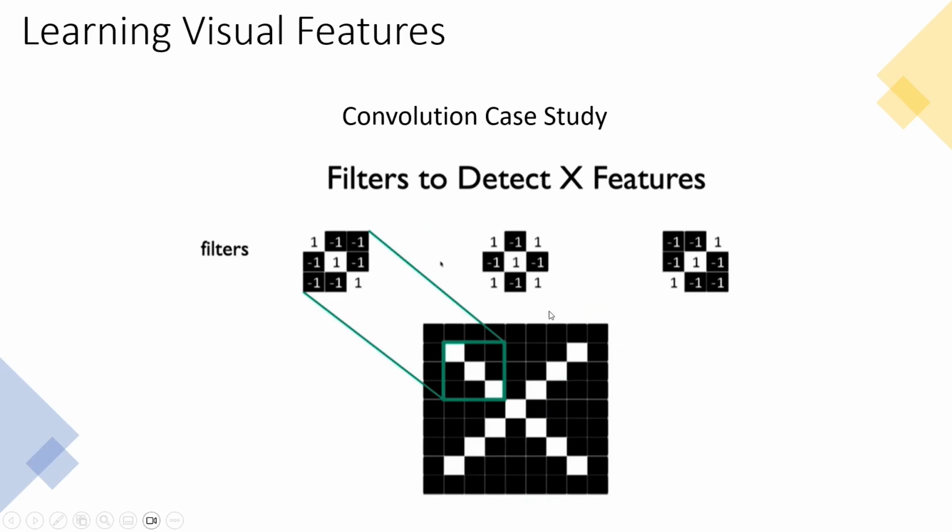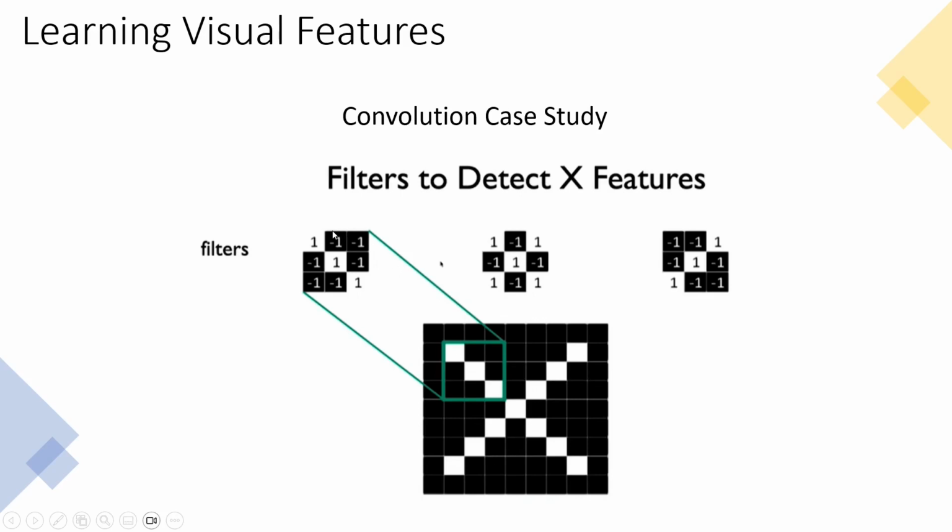Okay. So what if I had filters like this? For example, if I had a filter which is 1, 1, 1 on the diagonal and minus 1, minus 1, minus 1 on the other parts of the filter, this filter could tell me, because it's gonna give a high value when I convolve this filter with this part of the image, right?